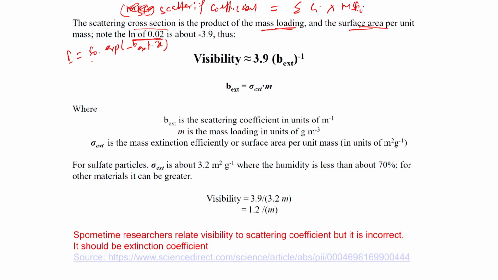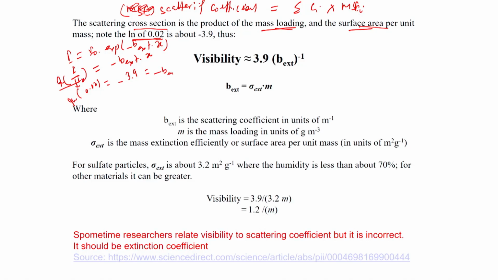So, if you take I upon I0 and then take the log of this, it equals minus b extinction into x, and this is the maximum limit, where only 0.02 of the radiation is left, meaning you can see that most of the radiation is attenuated. So, I upon I0 is 0.02, and the log of this is minus 3.9.